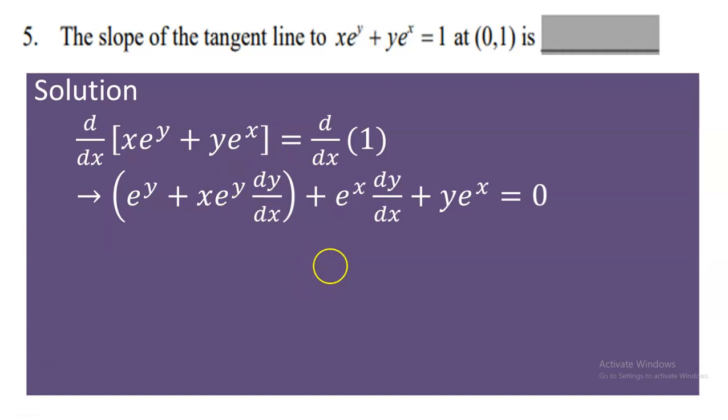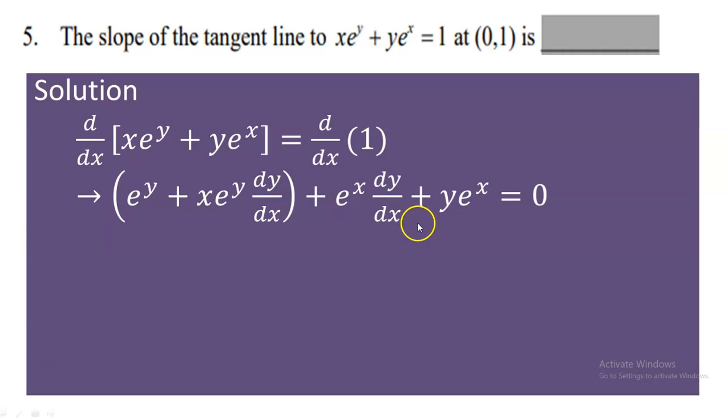So let's collect like terms together here. I have dy over dx here and dy over dx here, so I may take dy over dx as a common factor, and then take x e to the power of y plus e to the power of x as a multiplier. I can move this e to the power of y to the right and it turns negative, negative e to the power of y. I can also move y e to the power of x to the right, and it is going to be negative y e to the power of x.